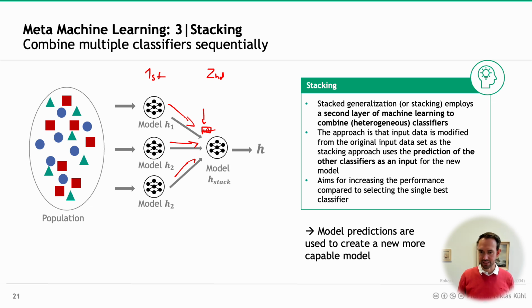And then this model makes a final prediction, obviously, that is based, again, on the output of the meta learner, which has learned to effectively integrate the predictions of the base models. So this one over here is what we call the meta learner, or the meta model. So what you do in a nutshell is you use model predictions from other models to create a new, hopefully more capable model.